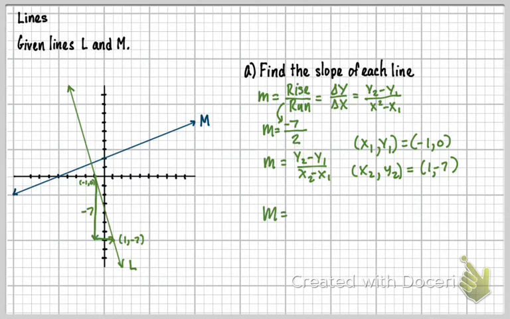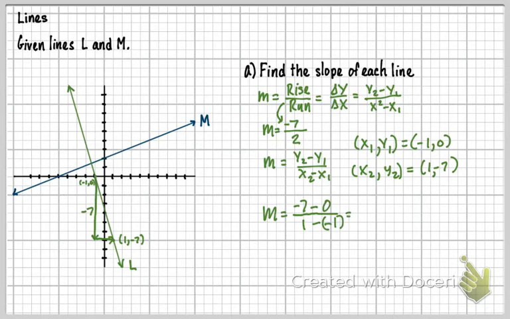My Y2 is here, and that is -7. So -7 minus, and the minus just always comes straight down. Remember that. I don't care what's going on, put the minus there. And then the Y1 is here, which is 0. So minus 0. And that's all over X2, which is 1, minus X1. X1 is -1.